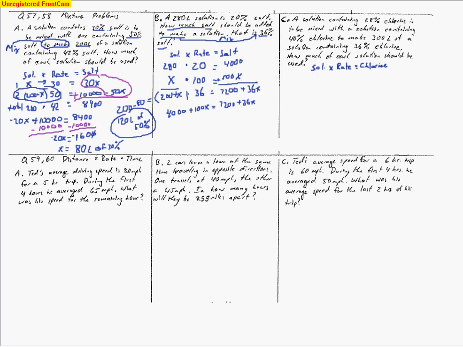So we just have to do some opposite operations to move some terms around. So we got to take that 720 away, and oops, I got to take this 700. Oops, that's 7,200. I should have gone the other way. So I think I'll actually end up doing it that way. I don't have to deal with the negative numbers. So let's go ahead and subtract that 4,000 from this side and take the 36x from this side.